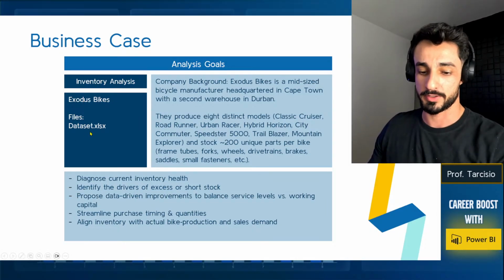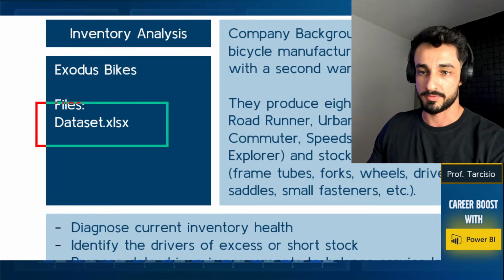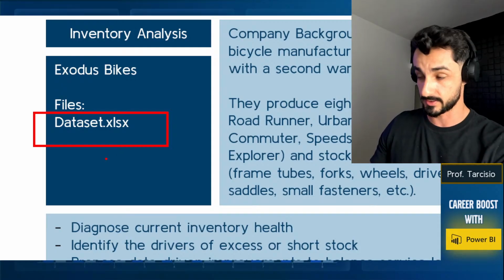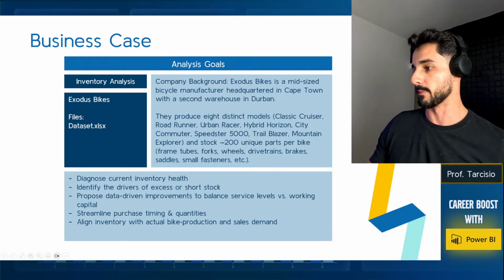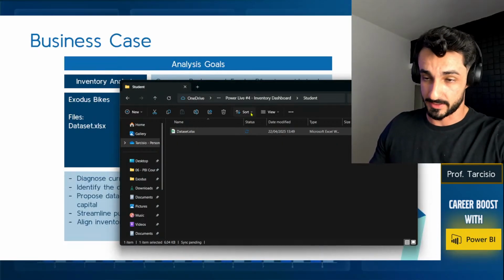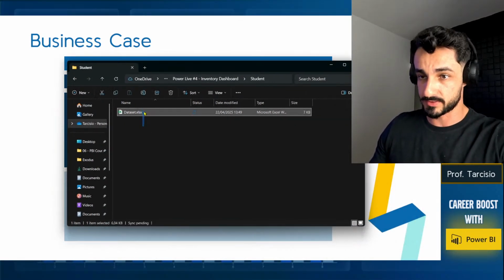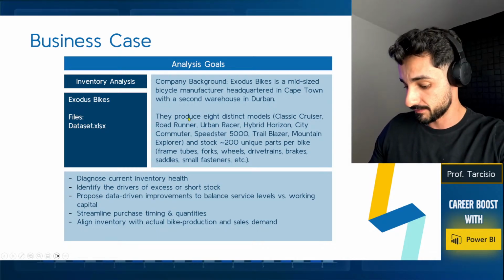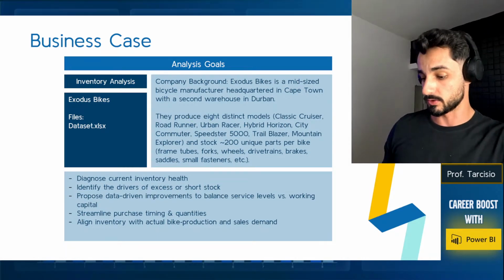And we are going to have this file only, this dataset.xlsx. That's an Excel file that you can download after the class ends, okay? This is the file. I'm going to show you the file in a minute, so hold on.